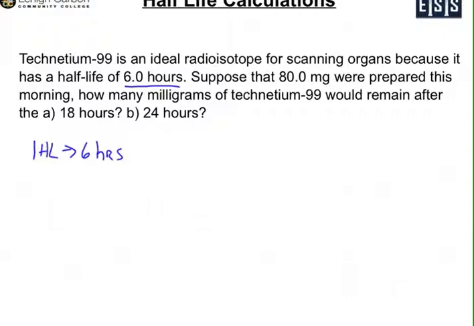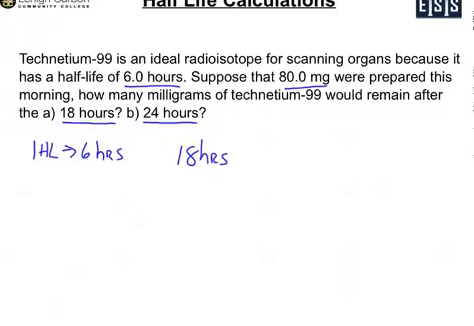Let's suppose we start with 80 milligrams, and you want to know how much of that technetium-99 remains after 18 hours, and then after 24. We're going to start with A, at 18 hours.